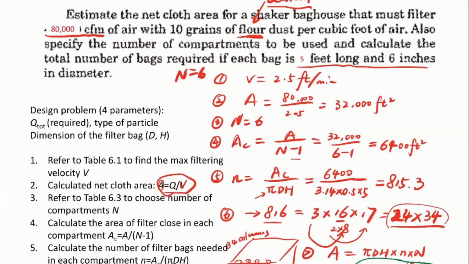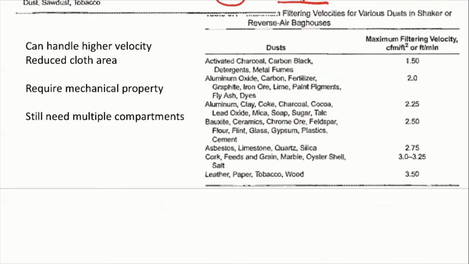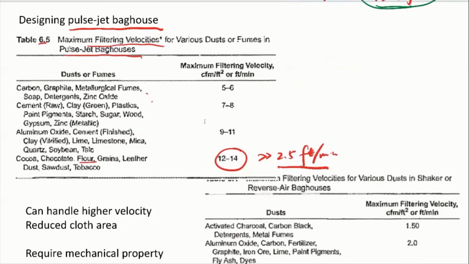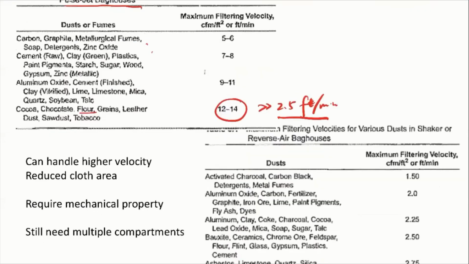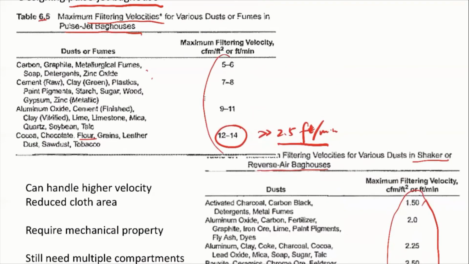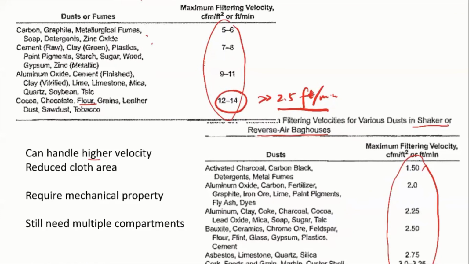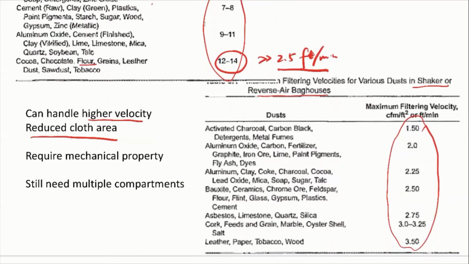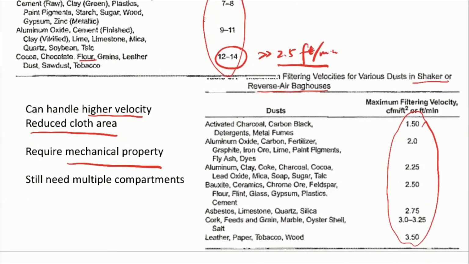So the volume of the system for the baghouse will become smaller, mainly because we're using more expensive materials to filter out these particles, right? Compared to the shaker or reverse air baghouse, where you can only use smaller air velocities, the pulse jet baghouse can handle higher velocity and use reduced cloth area, but it requires some mechanical properties.